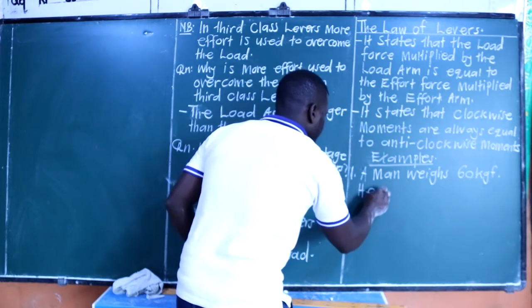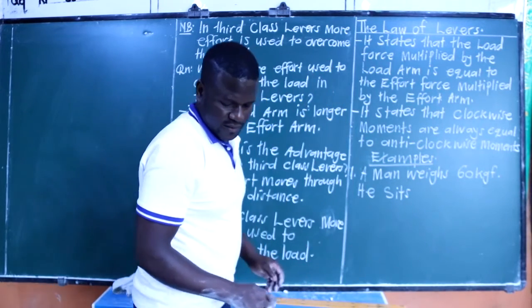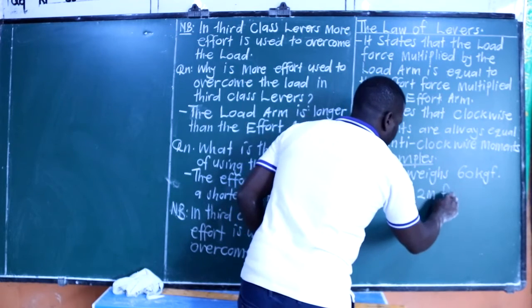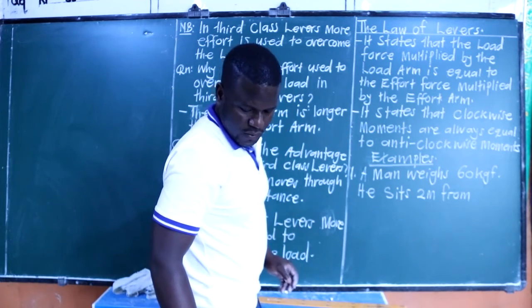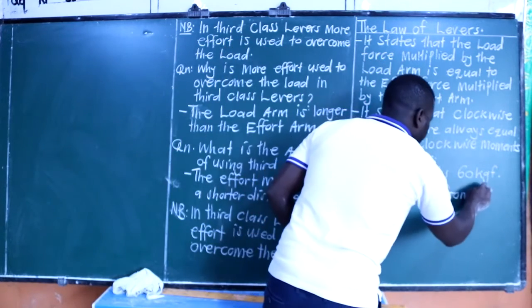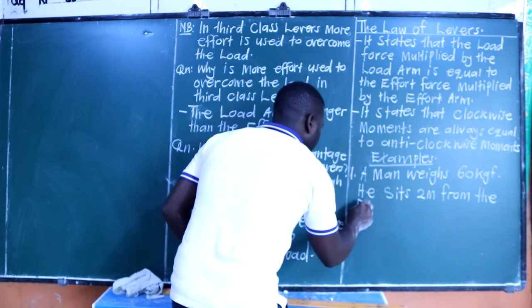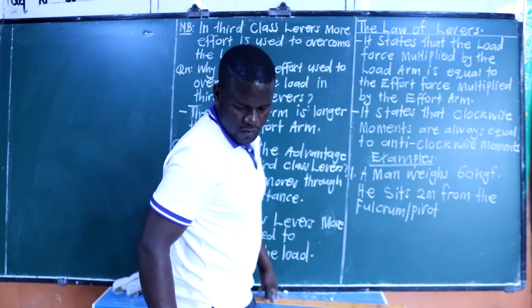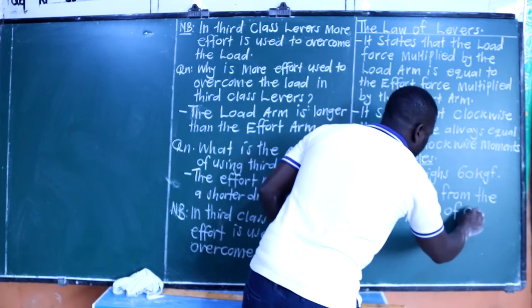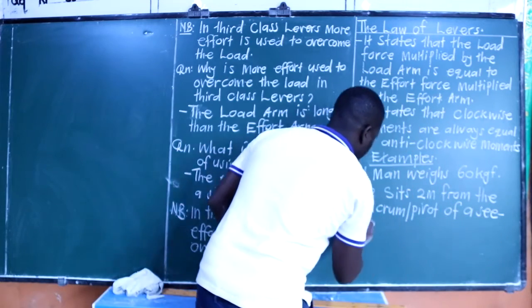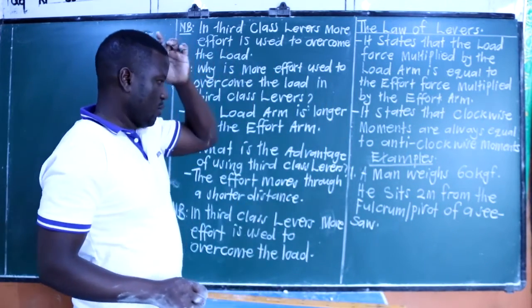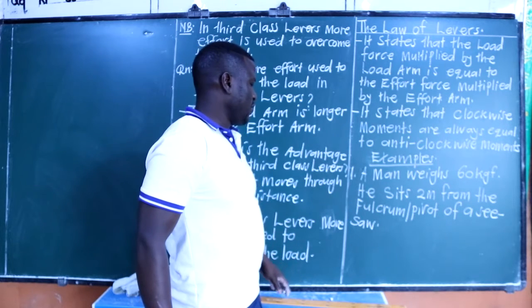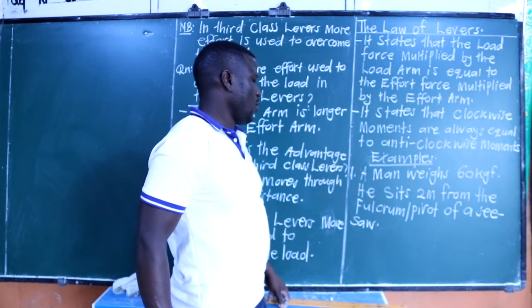He sits 2 meters from the fulcrum or pivot of a seesaw.